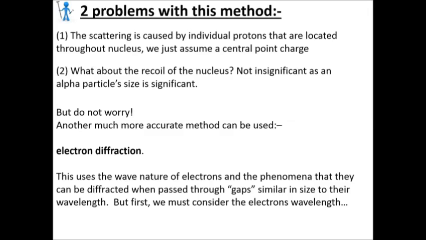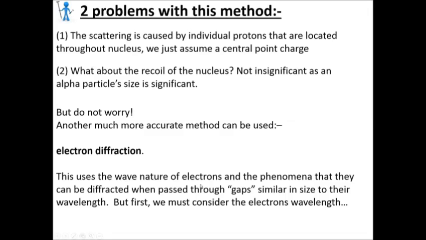When they pass through gaps, and the gap in our case is that we're going to try and make the electron pass through the nucleus, so the nucleus itself is going to be the gap, if the gap is similar in size to the de Broglie wavelength of the electron, then we should have diffraction occurring.